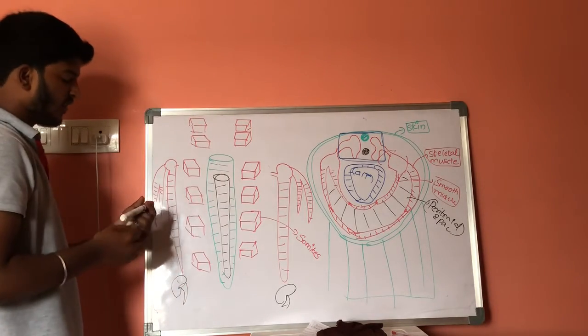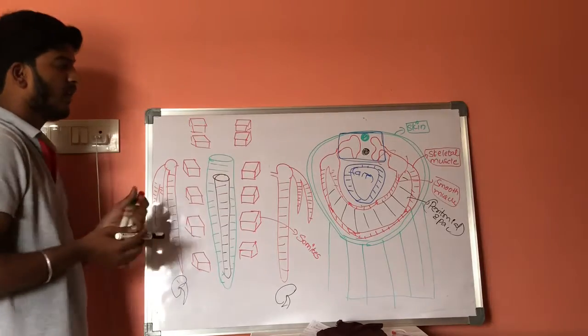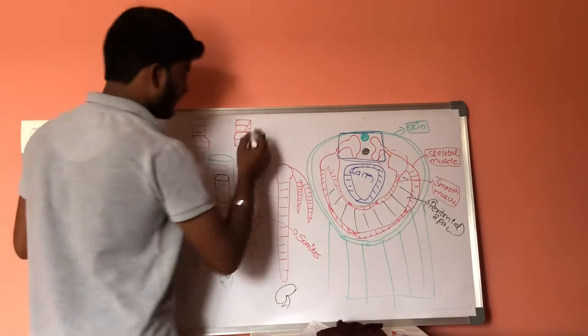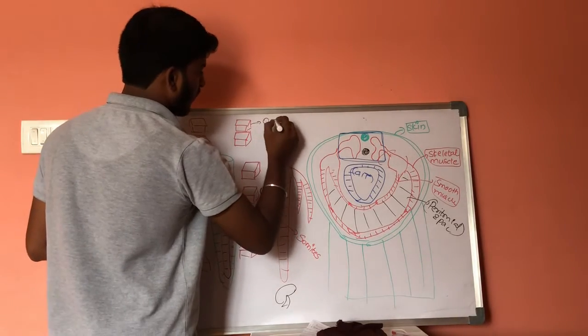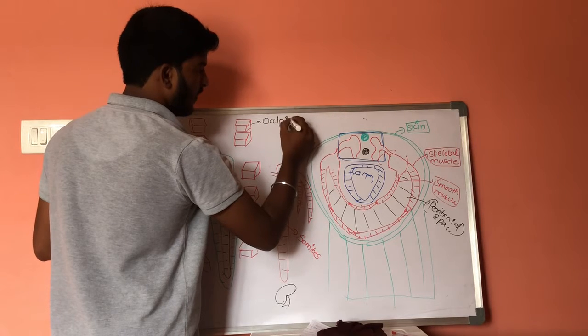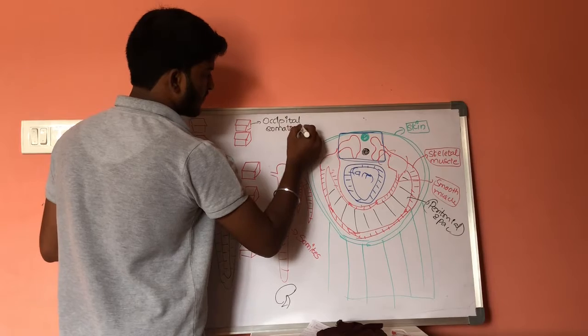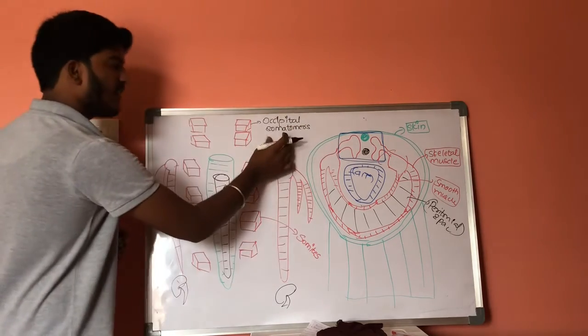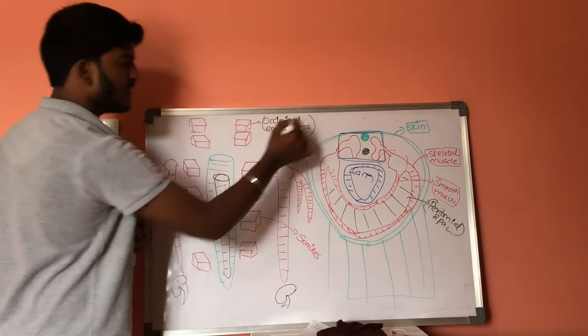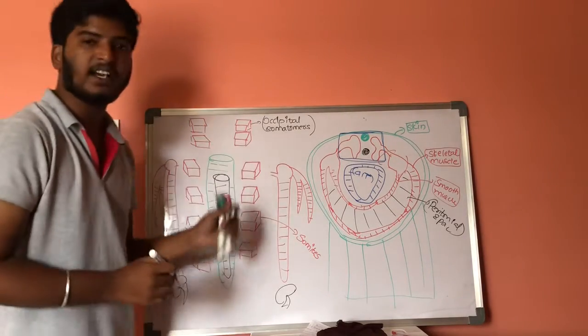These special somites are called occipital somatomeres. What the function of these occipital somatomeres is, we will discuss in further classes.